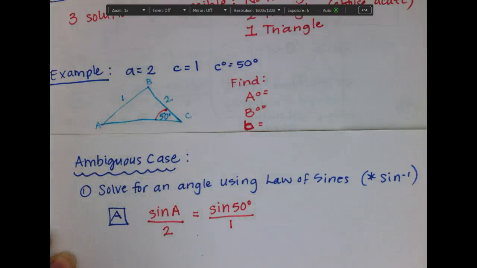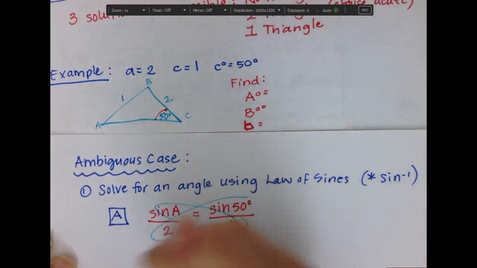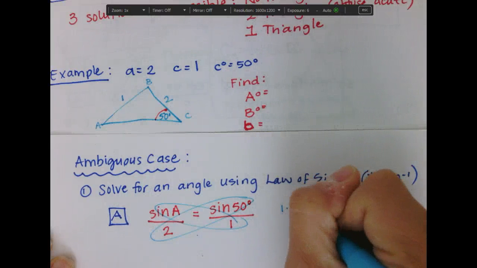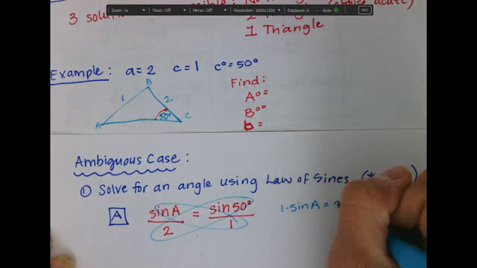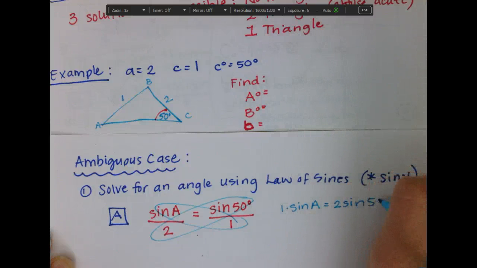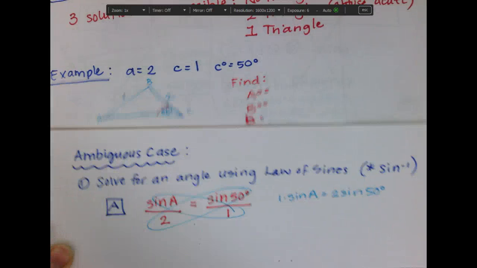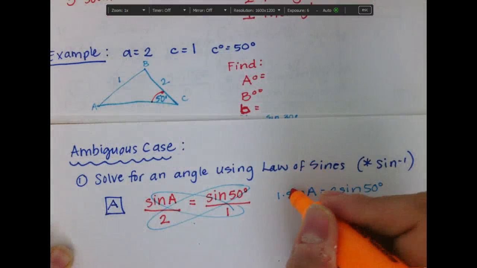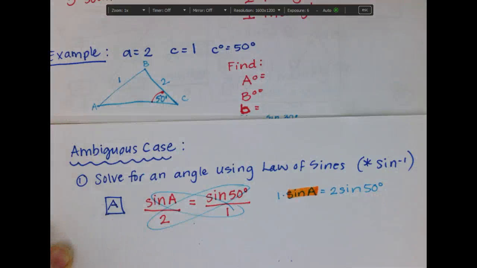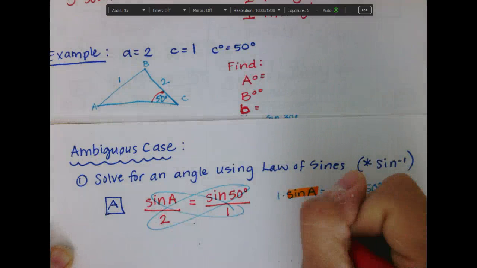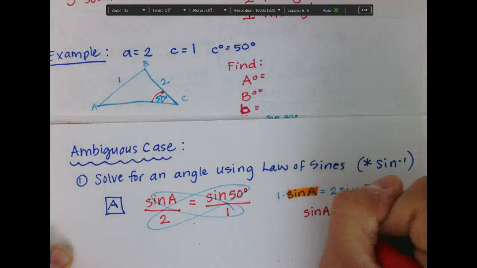And then let's cross multiply and solve. So 1 times the sine of A equals 2 times the sine of 50 degrees. Let's isolate our variable, but you have to keep in mind here, you can't separate the sine and the A. They're a pair. So really, to isolate that, I'm just dividing both sides by 1, which means it's already isolated.